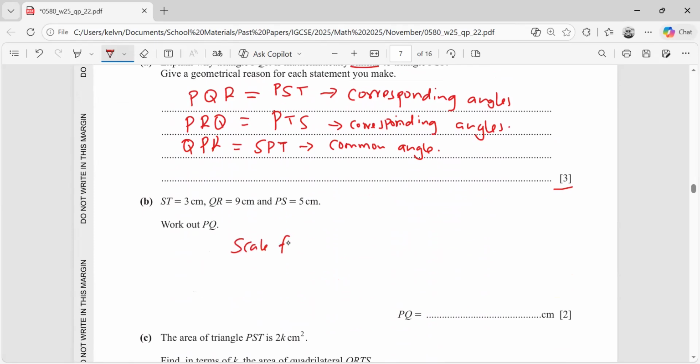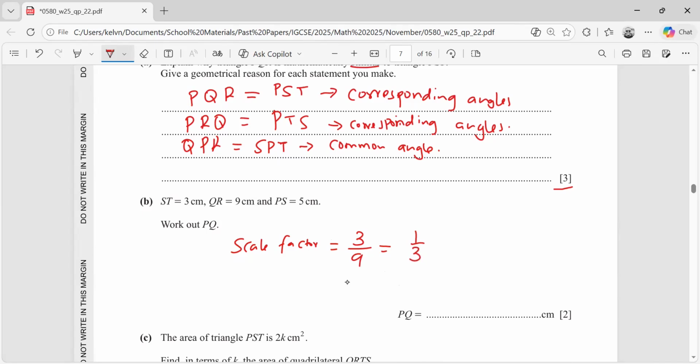A scale factor is basically the factor by which you enlarge something. In this case, I can put ST on top, which is 3, over QR, which is 9. So we can have a scale factor of 1 over 3.